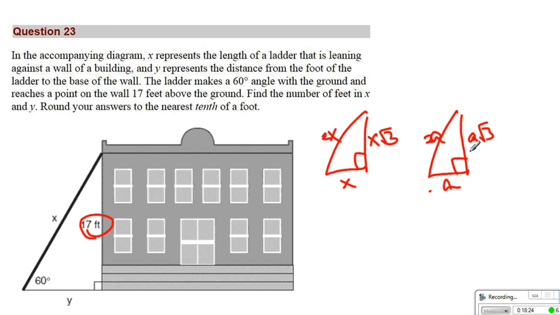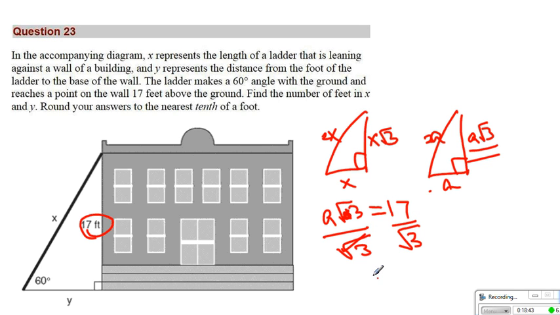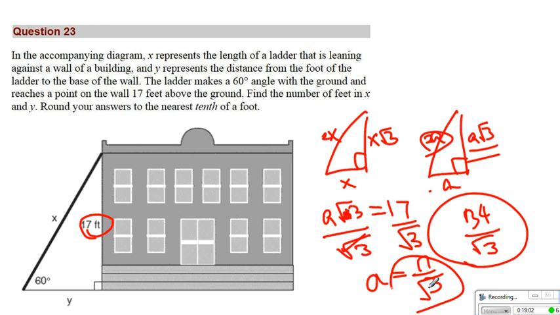Here, in place of a radical 3, we have 17, so a square root of 3 is equal to 17. Now divide by square root of 3. We get to realize that a is equal to 17 over square root of 3. Now, double of that becomes 34 over square root of 3. That becomes our answer.